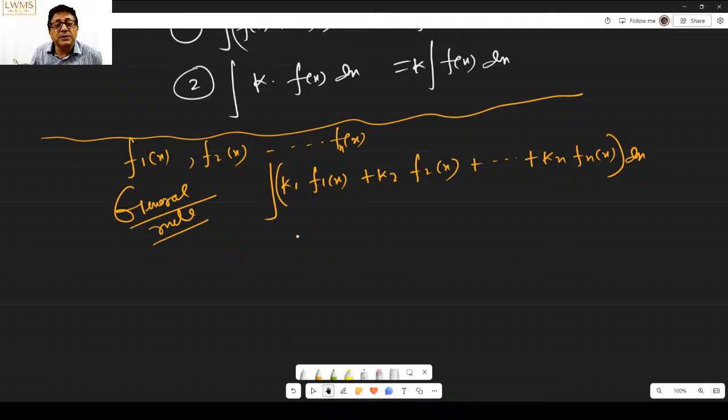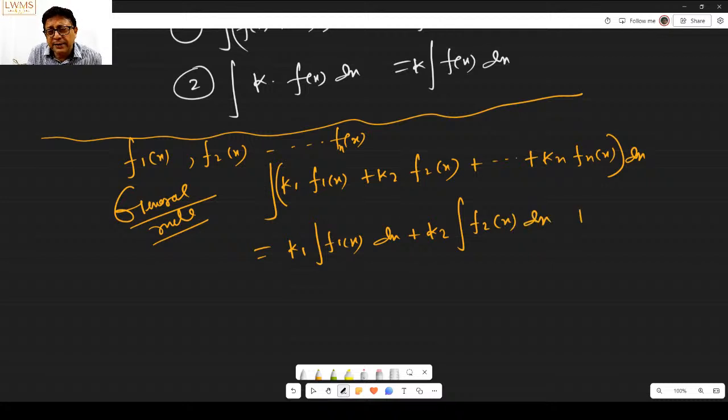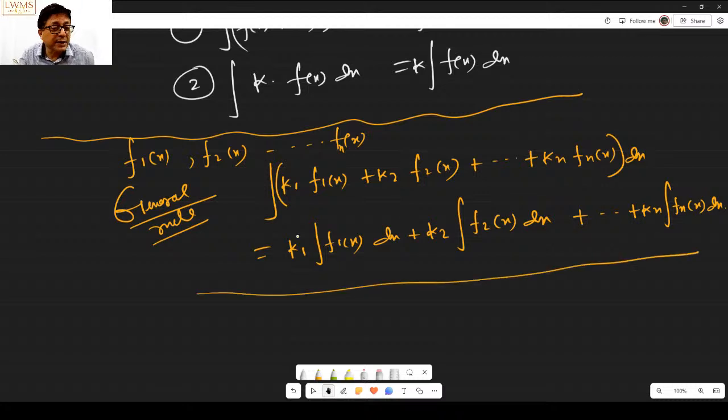This is sum of the functions, their integration you have to find whether it's multiplied by a constant or not multiplied. This will be k1 into f1(x) dx, k2 into, this is actually the linearity property, kn fn(x) dx. k1, k2, kn are constants, they will come out.